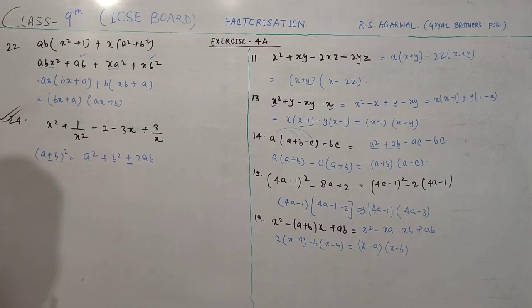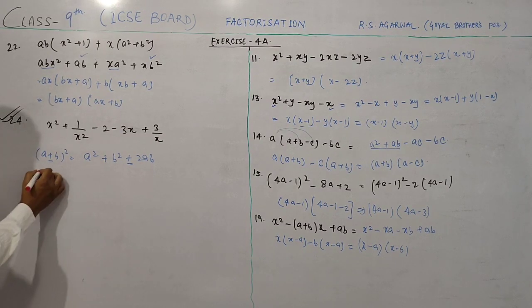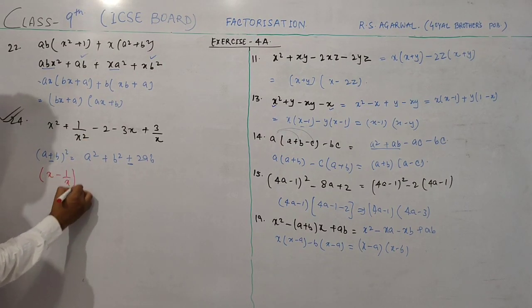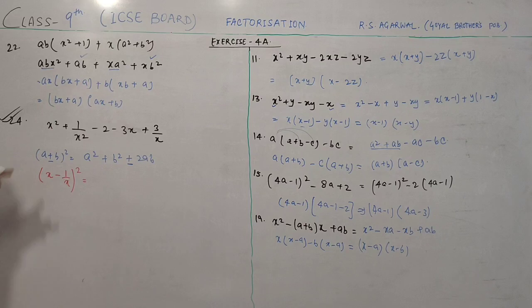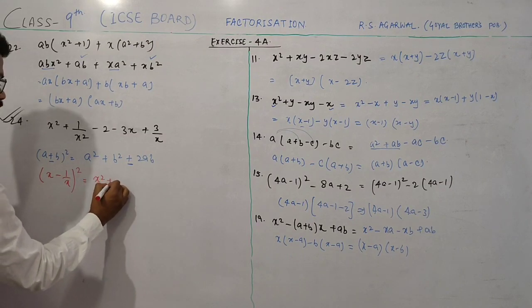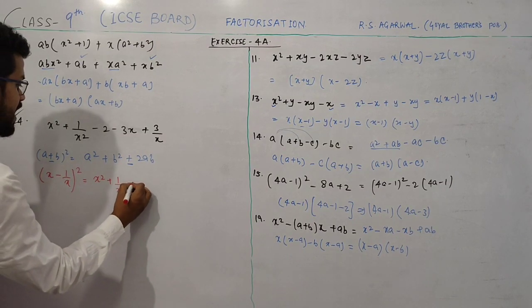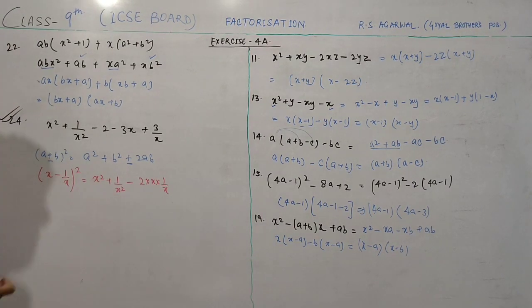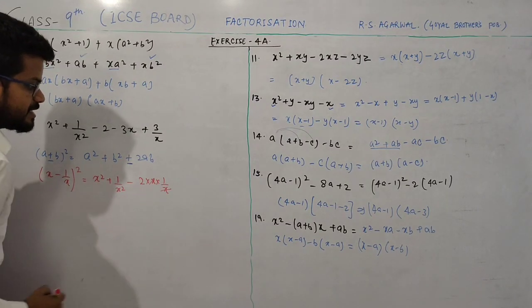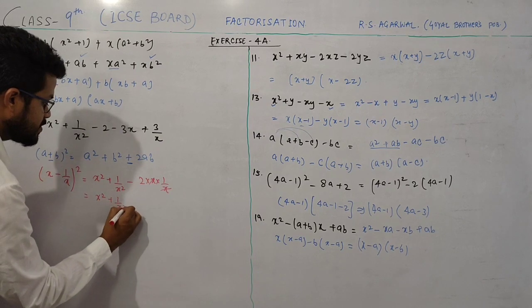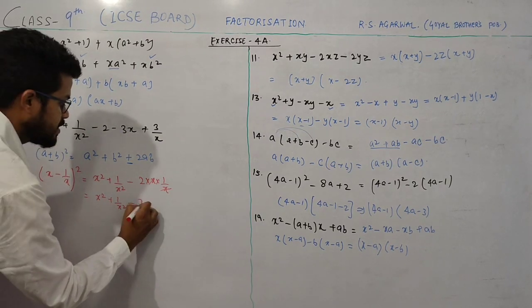So in place of a I take x, and in place of b I take 1 by x. According to this identity, a square plus b square minus 2ab, which is 2 into x into 1 by x. So look, this x and this x cancel. So the remaining is x square plus 1 by x square minus 2.